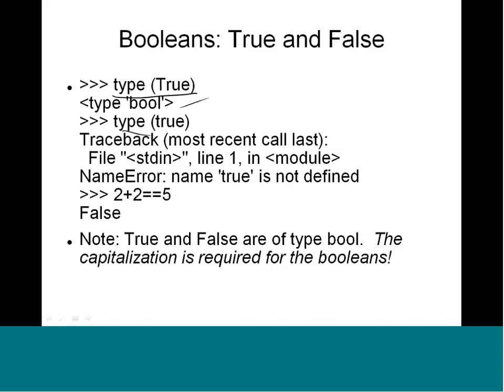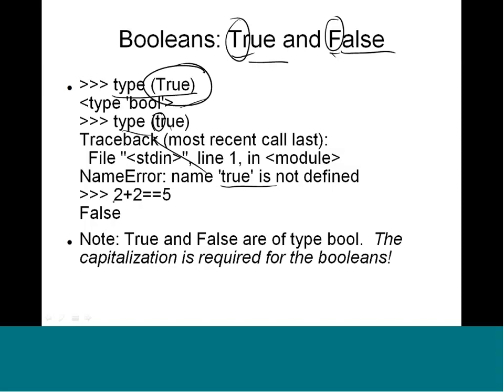If you specify a lowercase t here, that's not defined, so that just results in an error. The booleans are defined as uppercase T-R-U-E and uppercase F-A-L-S-E. So make sure that you remember the case and use that.